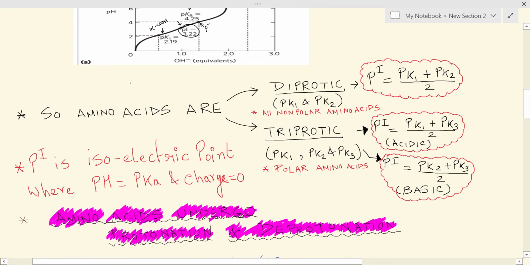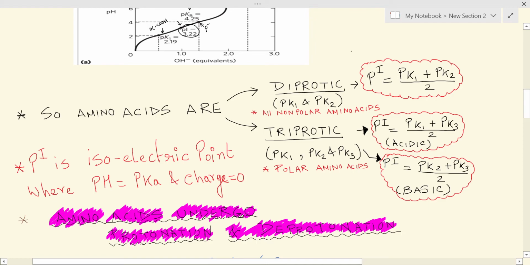Amino acids are of two types, diprotic and triprotic. Diprotic amino acids are all non-polar in nature and have two pK values, pK1 and pK2. Triprotic amino acids have three pK values, pK1, pK2, pK3, and they are polar amino acids.